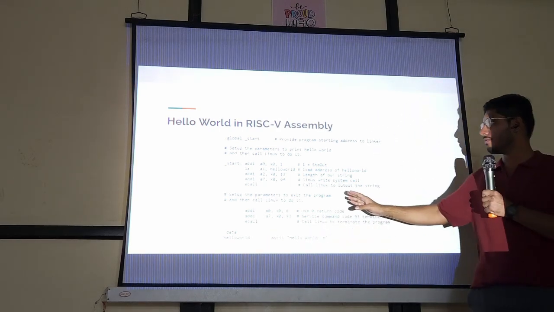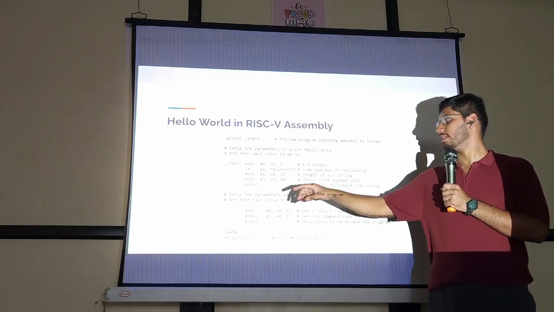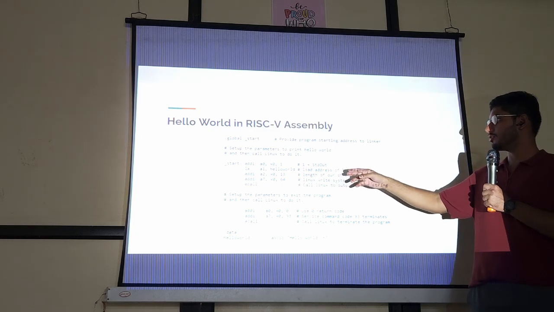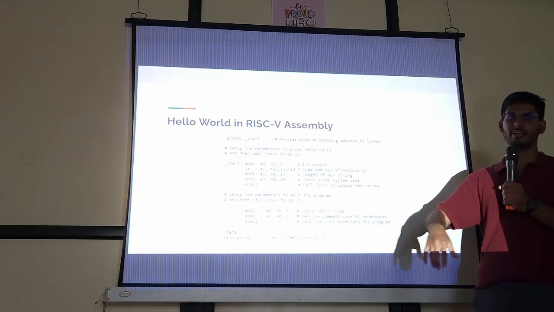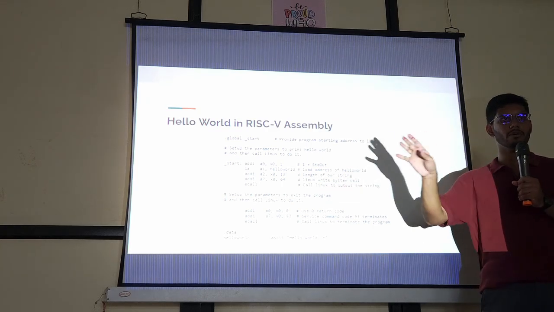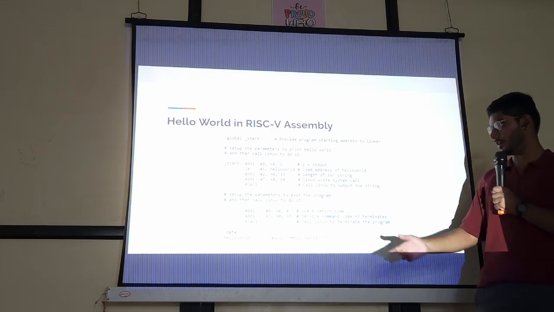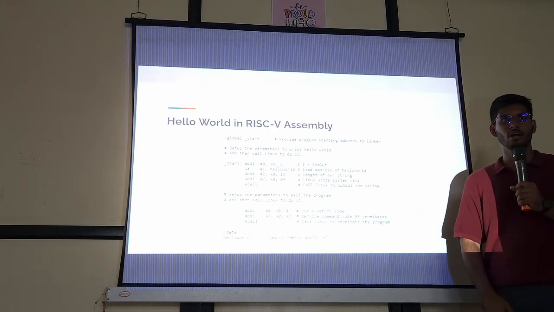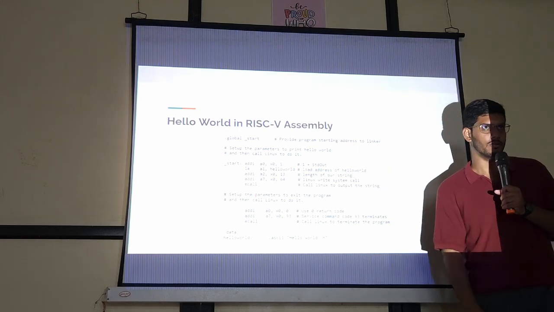The addi is the add immediate opcode in RISC-V assembly. So we will try to create the stdout, and then call the Linux kernel to actually write it to the buffer and print out hello world. I have a demo ready with me, so we'll see the demo of this RISC-V based hello world.